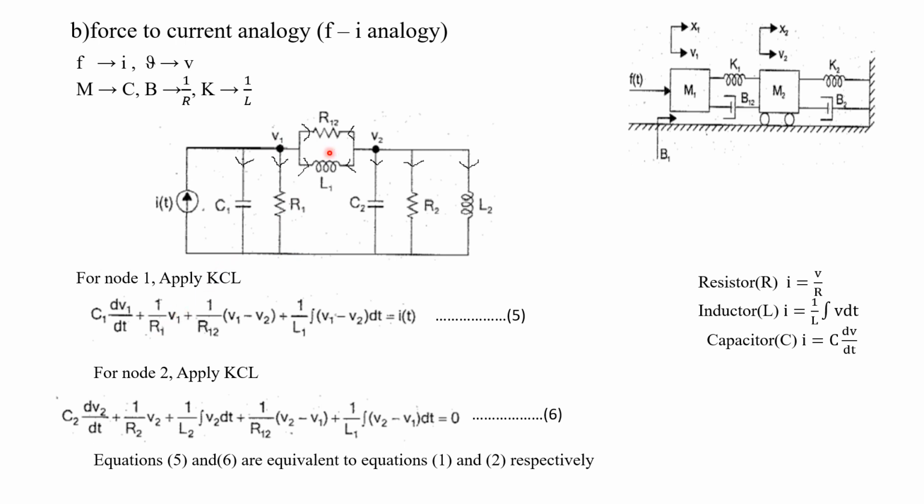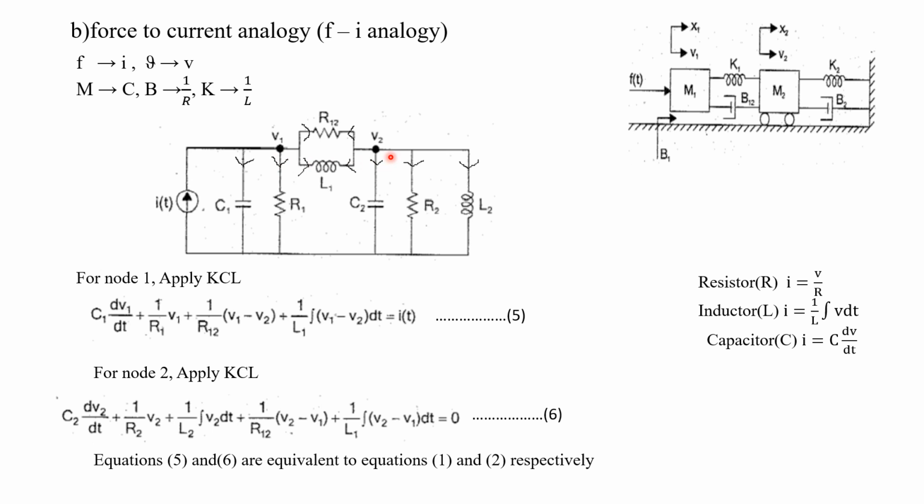Then the next element, that is the inductor. What about the current flowing through the inductor? 1 by L into integral V dt. Here it is L1, so 1 by L1 into integral. What about the voltage drop across inductor L1? One end is connected to V1, the other end is connected to V2. So what about the voltage difference?